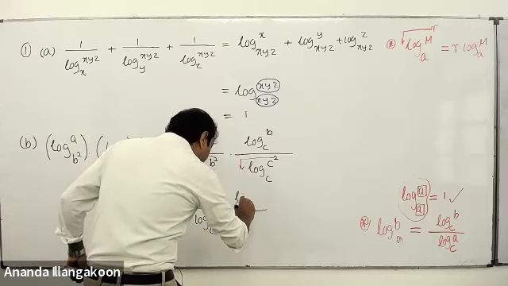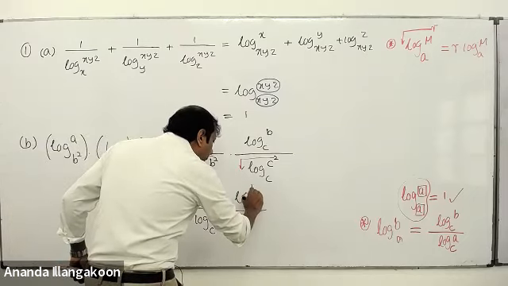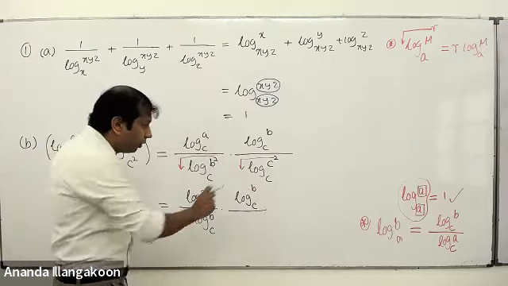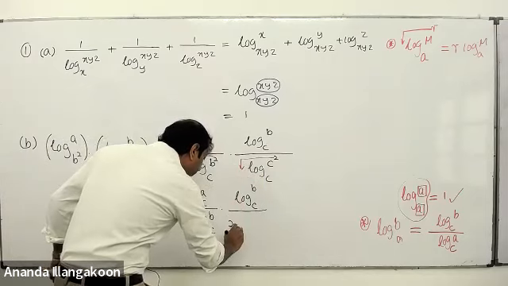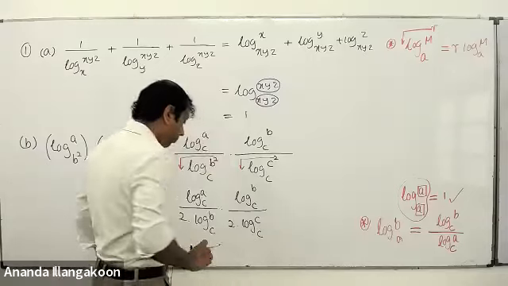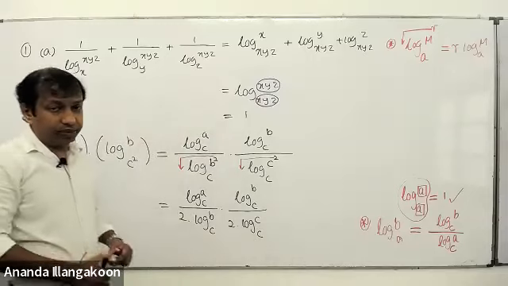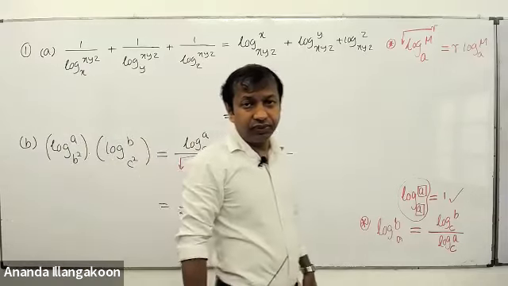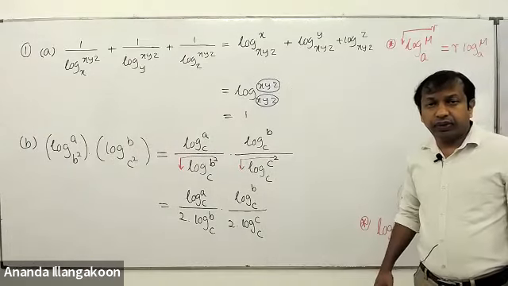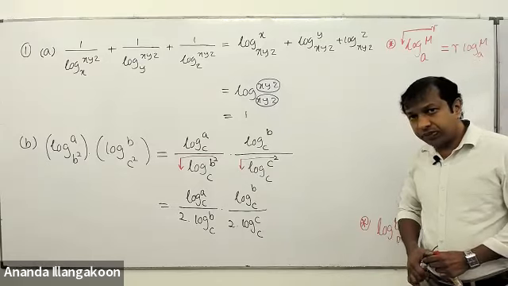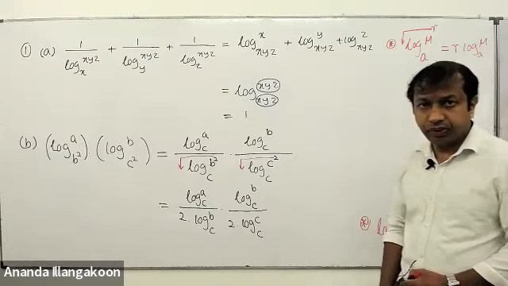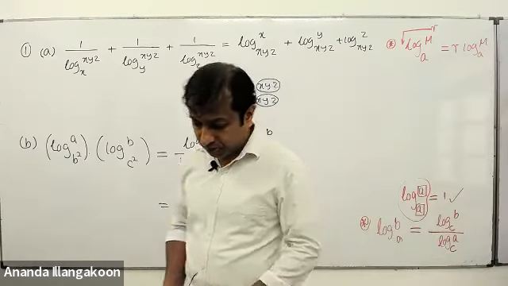And here log B to the base C. Here also, people, this 2 I can bring before: 2 log C. I think up to here you could understand. Any question, dear student? Do you have any question? No. Right.